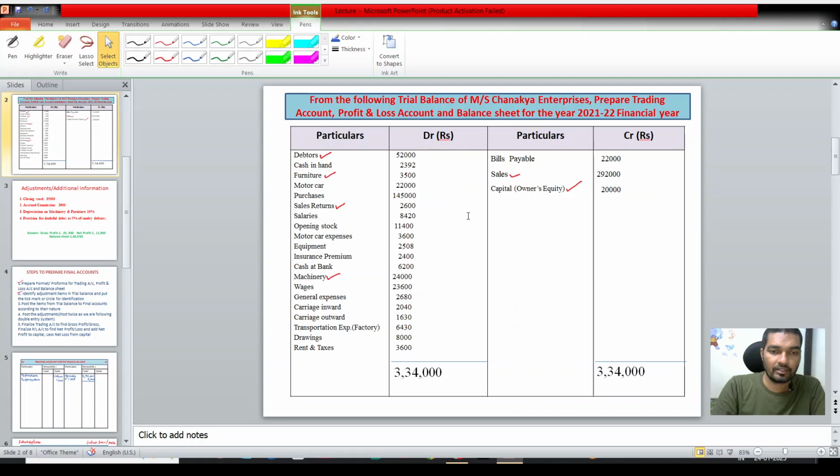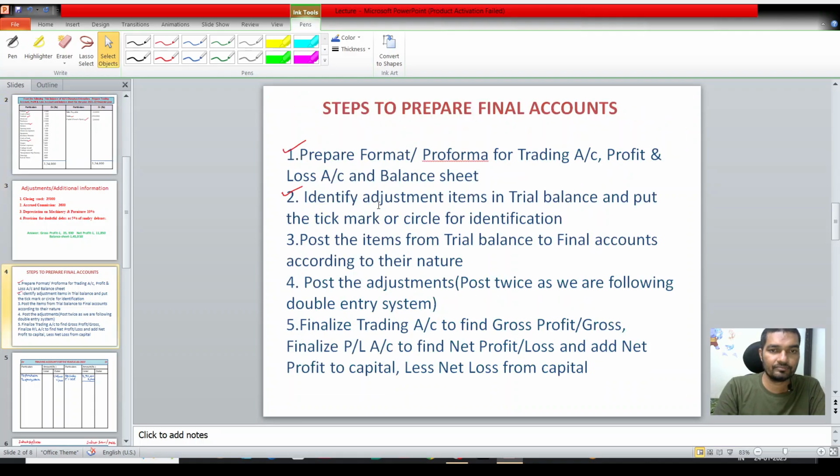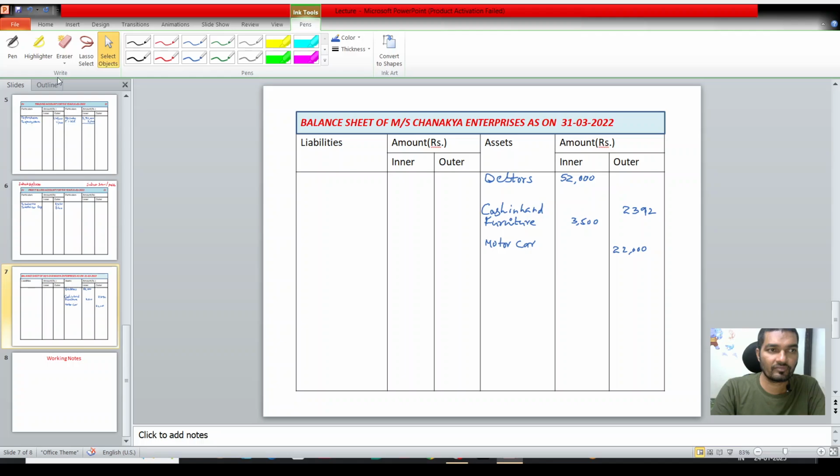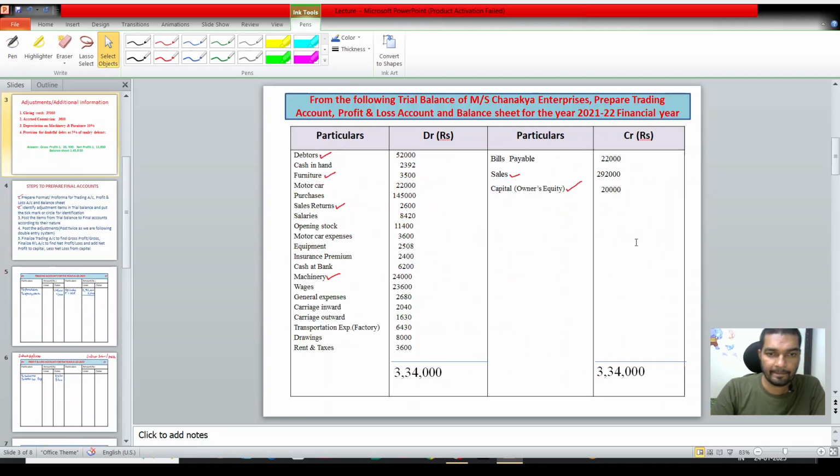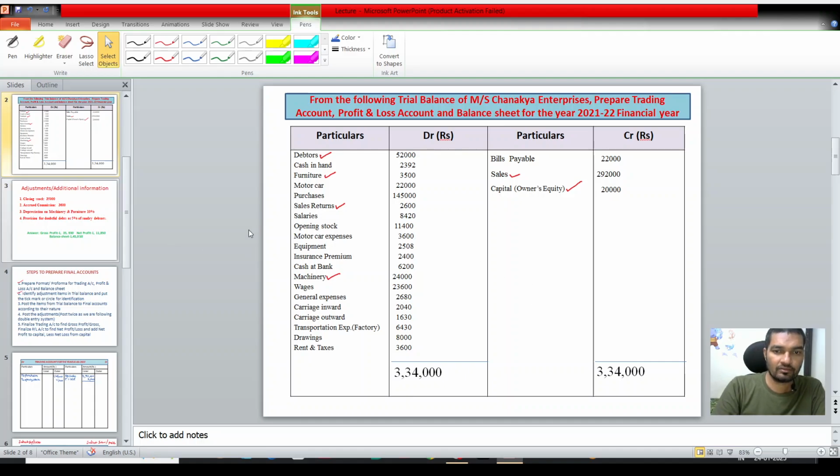Equipment is a fixed asset to the company, no adjustment on that. Equipment is an asset, 2,508. An insurance premium is an indirect expense to company, 2,400.